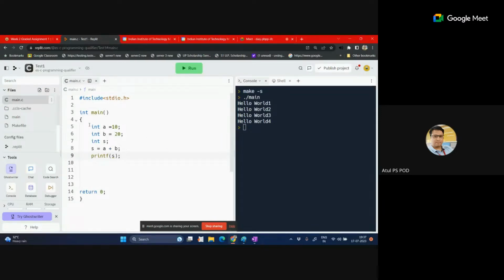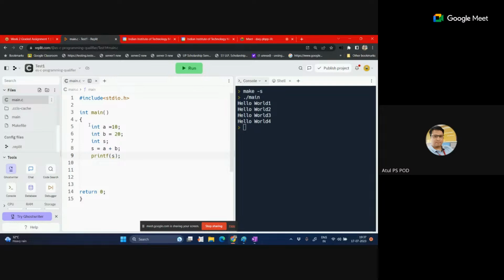So this code I have written. Just tell me, can we get the correct answer when I'm writing this? I have simply written this printf, and instead I have passed the S variable. So will it print the sum or not?